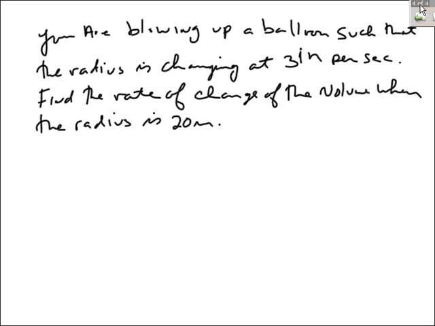So you are blowing up a balloon. That means volume. The volume of a balloon is 4/3 pi r cubed.